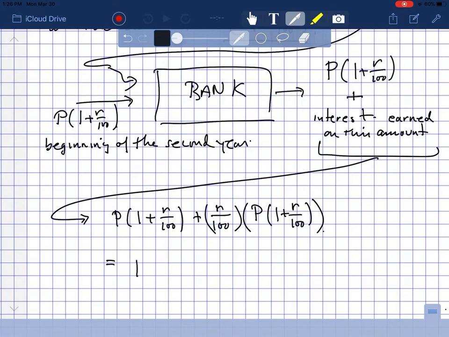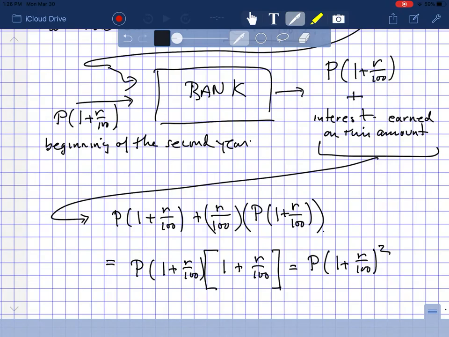Which I can write as P times 1 plus R divided by 100 times 1 plus R divided by 100. And this is equal to P times 1 plus R divided by 100 squared.